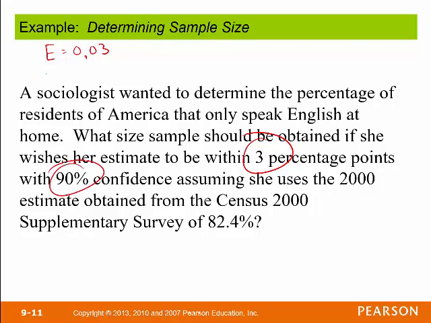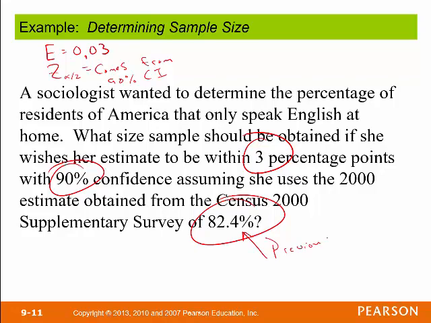With 90% confidence, so z of alpha divided by 2 comes from a 90% confidence interval. Assuming that she uses the estimate obtained from the Census 2000 supplementary survey, which is 82.4%, this is the previous estimate that's given. So p hat is equal to 0.824.